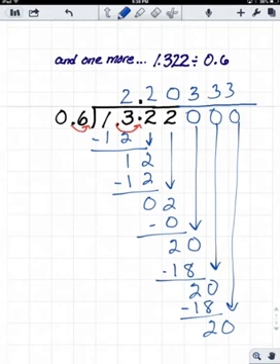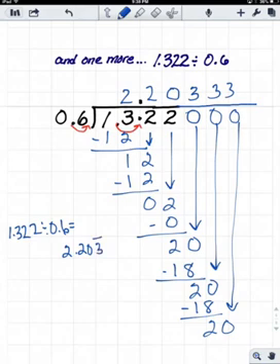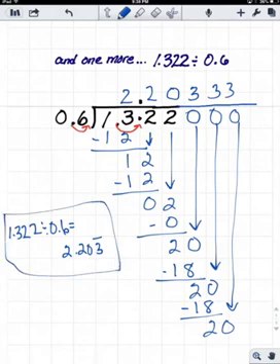So we can say that 1.322 divided by 0.6 is the same as 2.203 with the repeating bar over the 3 only, because that's the only part that repeats. And that would be our final answer.